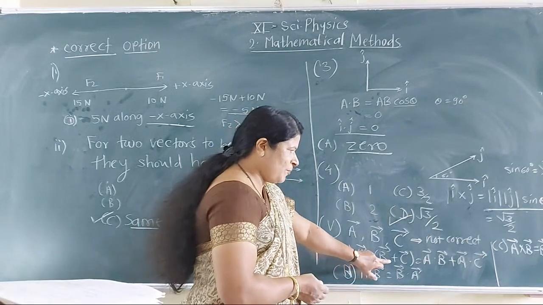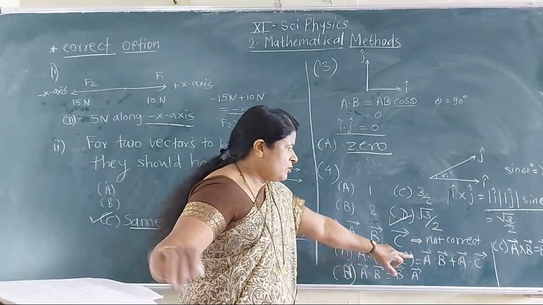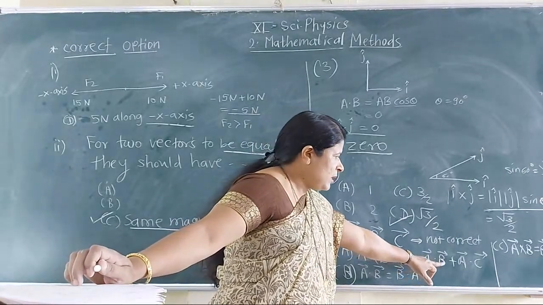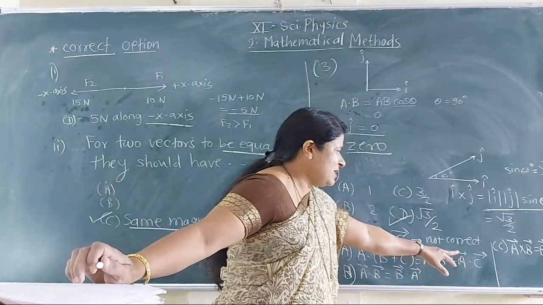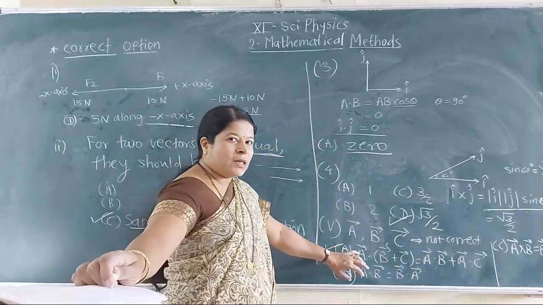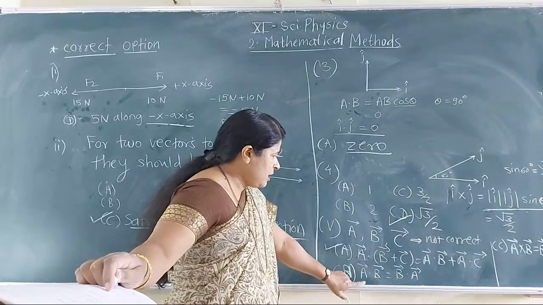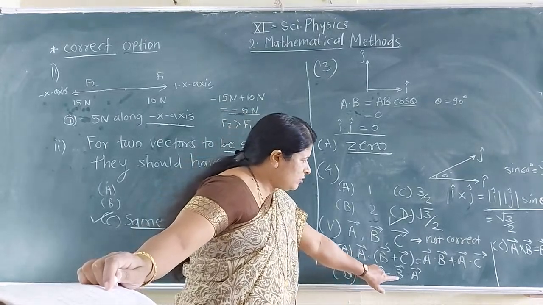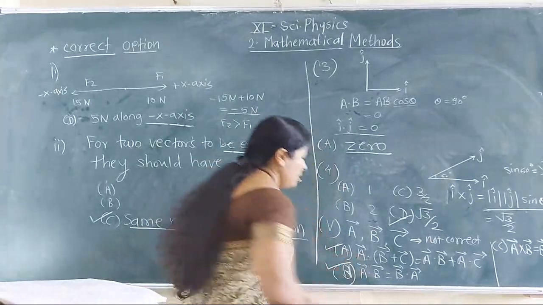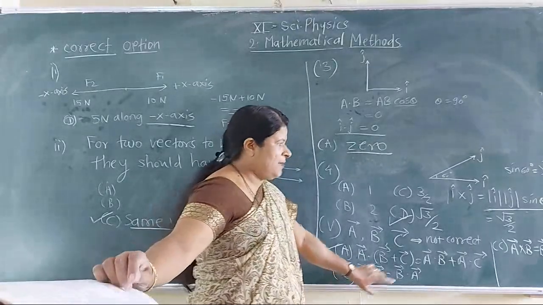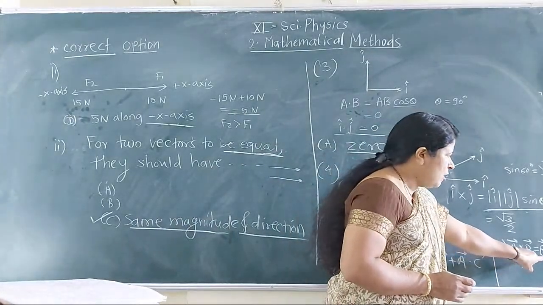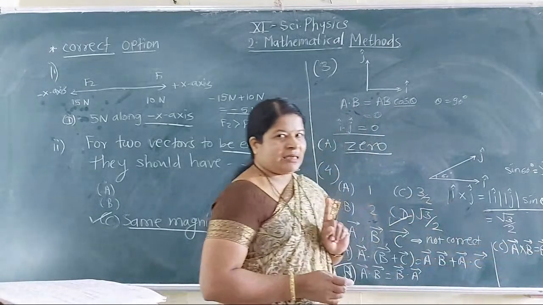A dot (B plus C) is equal to vector A dot vector B plus vector A dot vector C. This is the distributive property. A dot B is equal to vector B dot A, the commutative property of vector multiplication. Vector A cross vector B is equal to vector B cross vector A?